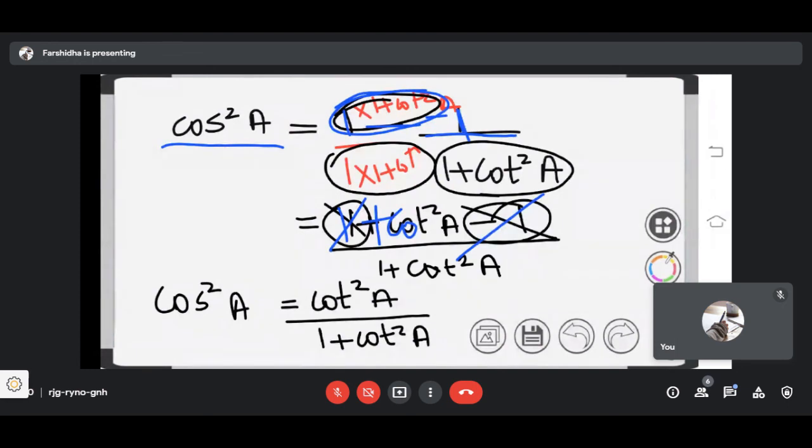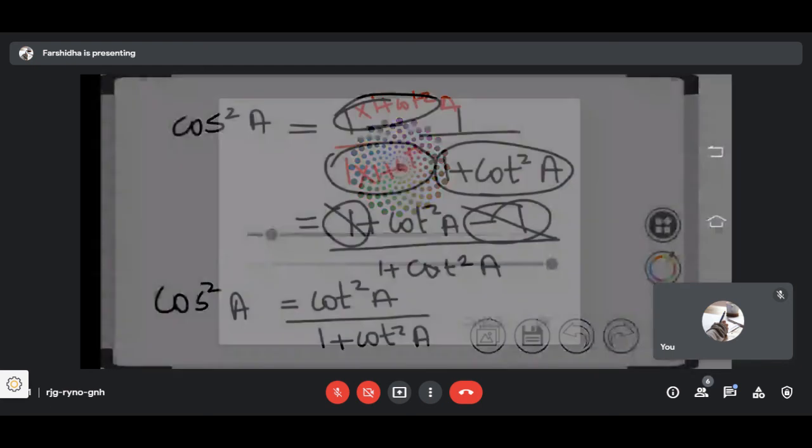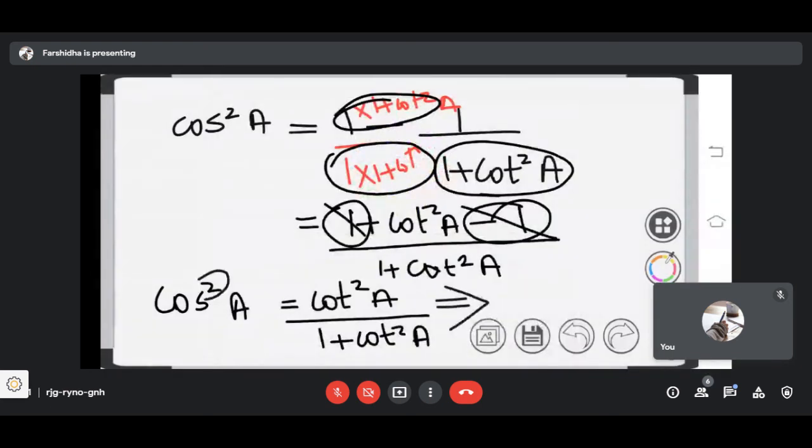Cot square A divided by 1 plus cot square A. In the next step, I'll be removing the square from here. That means cos A is equal to root. Okay, I'll do it in the next page.